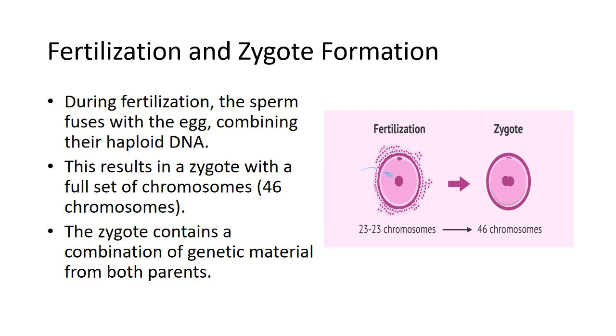The haploid set from each parent combines to form a complete set of 46 chromosomes in the offspring. This ensures the genetic material is passed down from both parents in an equal manner. The resulting zygote now has the genetic blueprint for all the traits that will be inherited from both the mother and the father.